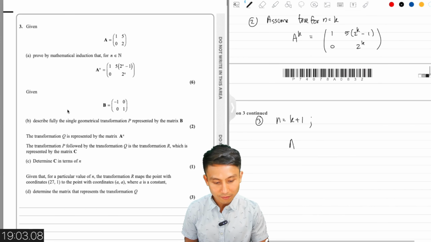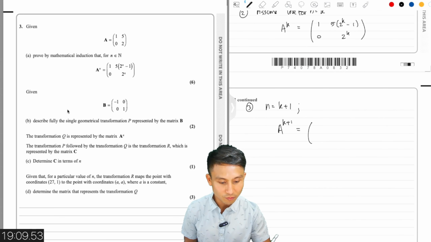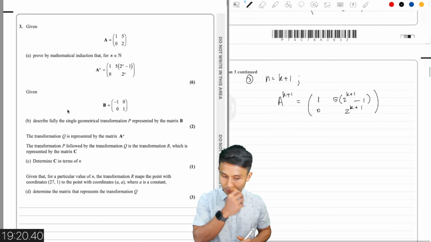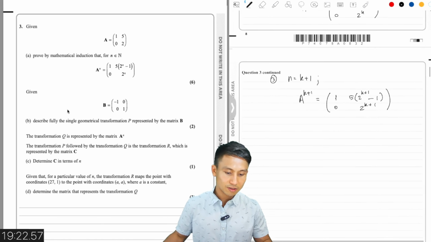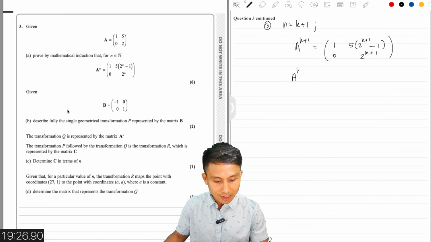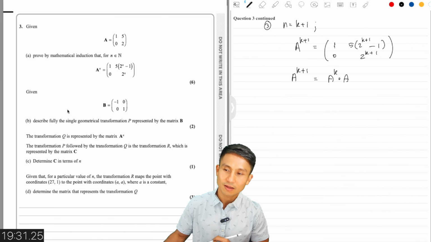So we would have A to the k plus 1 equal to, just substituting the definition of the thing we're proving here first. So 1, 0, and then 5, 2 to the k plus 1 minus 1, and then down here I have 2 to the k plus 1. Now, this is the definition of the thing we're proving, but A to the k plus 1 itself is A to the k times A, algebraically speaking.